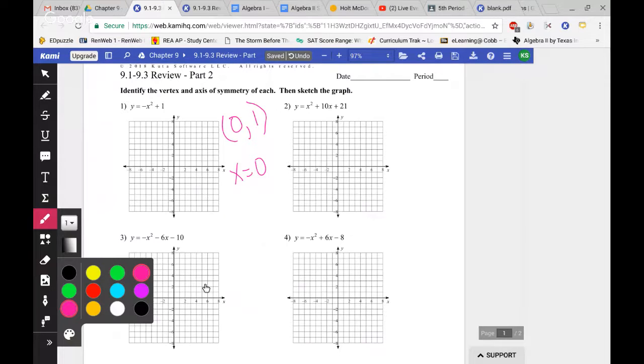Now, is this going to be a frowny face or a smiley face? Frowny face. That's right. And once again, you can plug this into your graphing calculator if you want to. But this one was pretty simple.